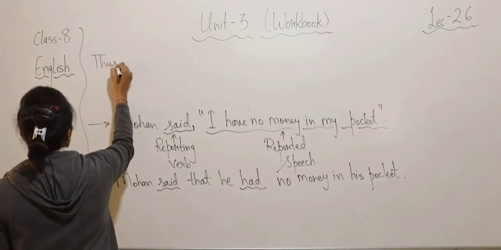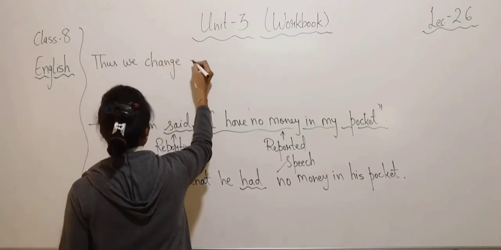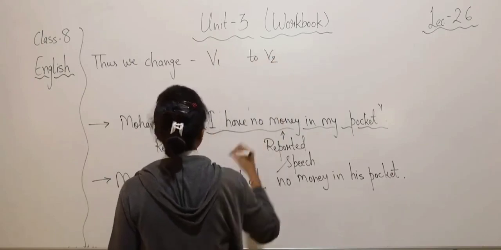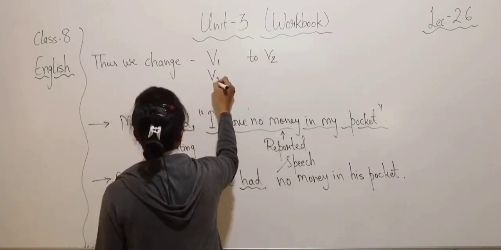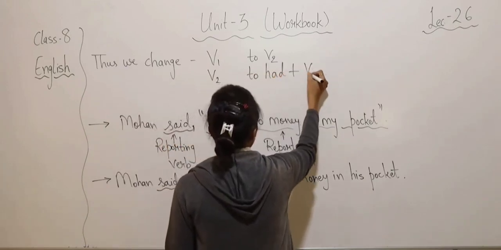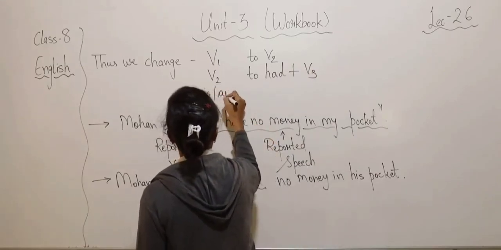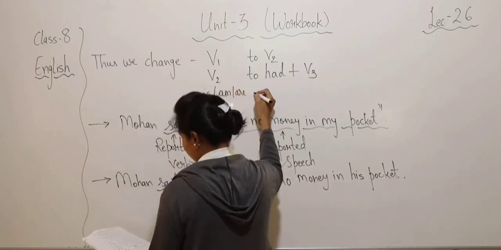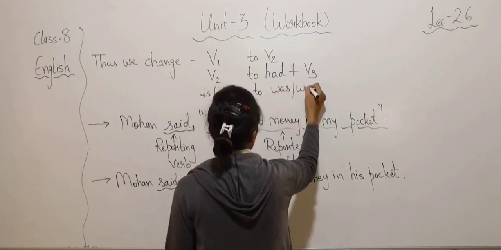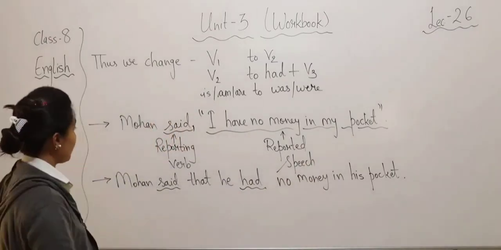Thus, we change V1 to V2 and V2 to had plus V3. Then if is, am or are is there, that is changed to was or were.